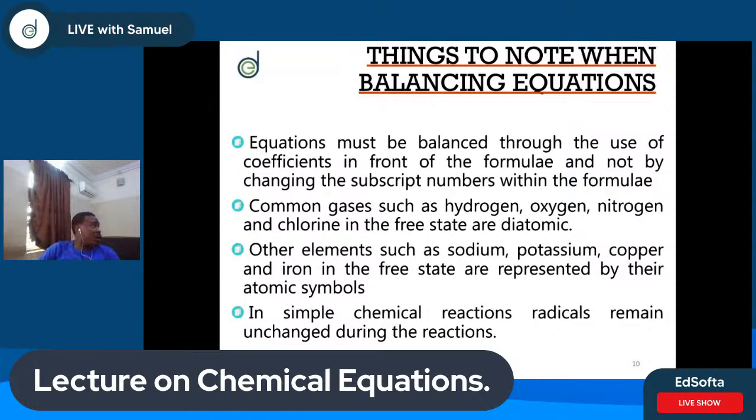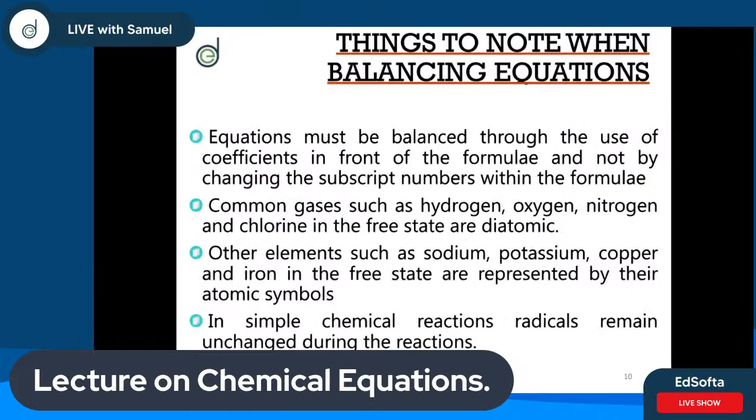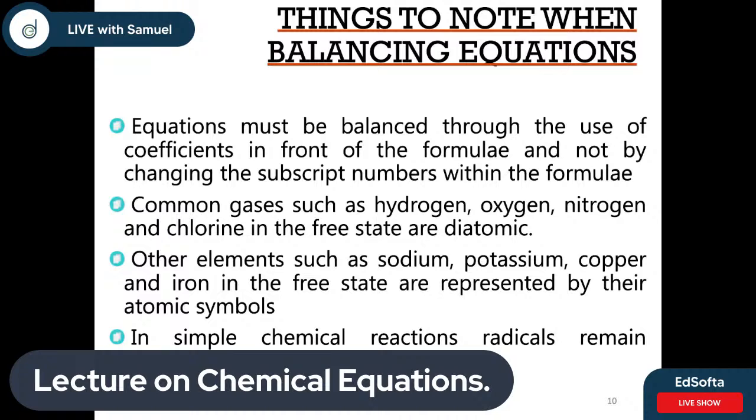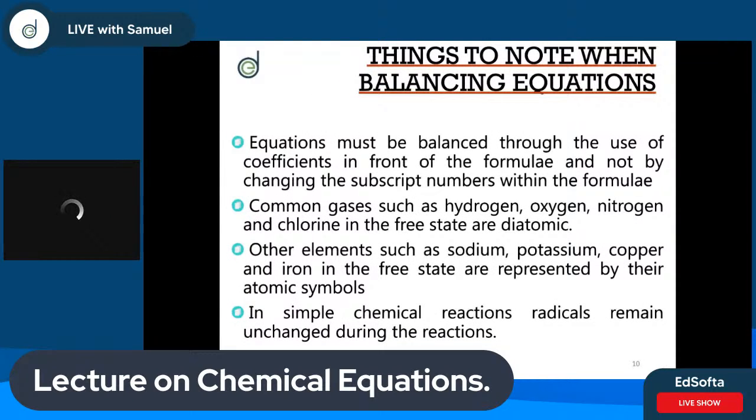Now, in simple chemical reactions, radicals remain unchanged during the reactions.